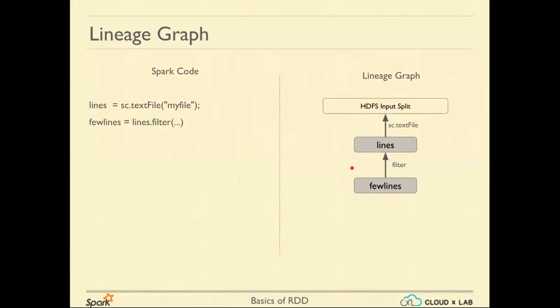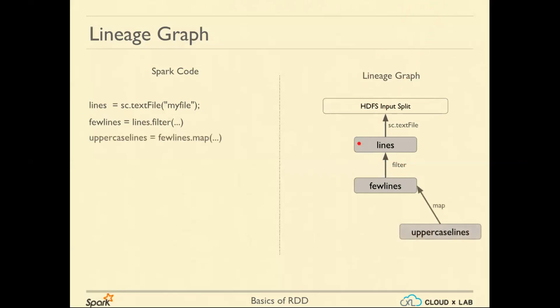Yes, it is the same as a directed graph. It's called a DAG, directed acyclic graph. It doesn't have cycles and it has directions on the edges, right? So fewLines is created from lines by using a transformation called filter.